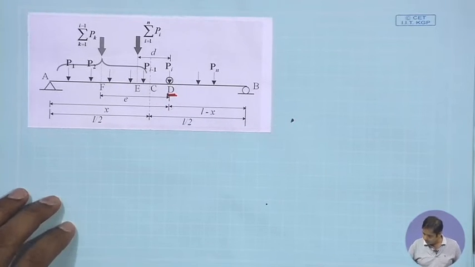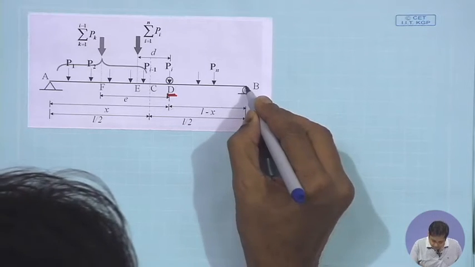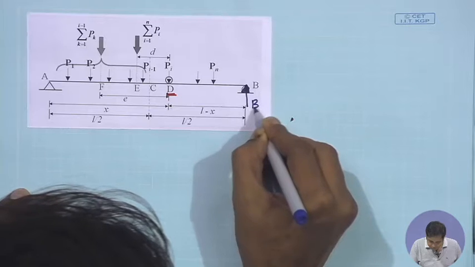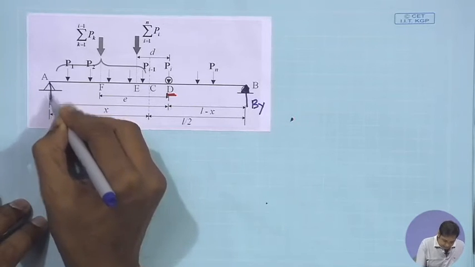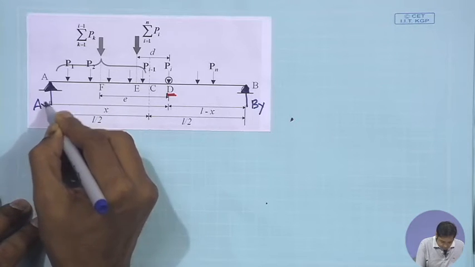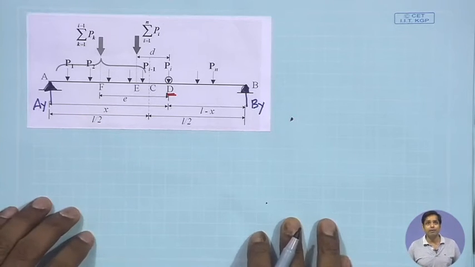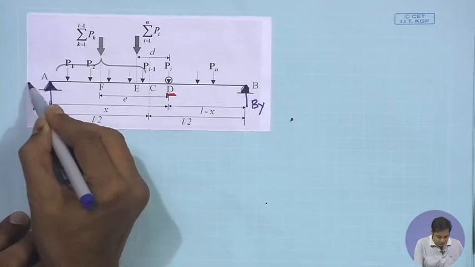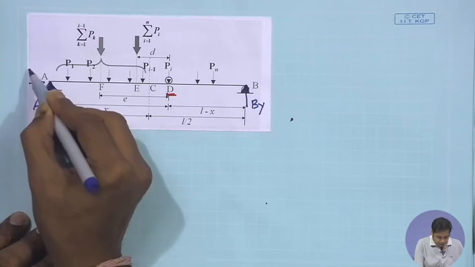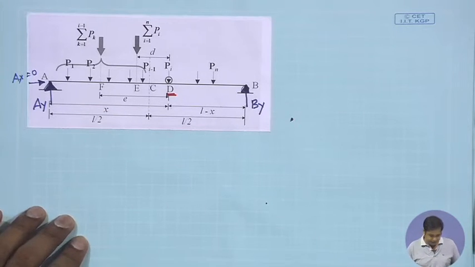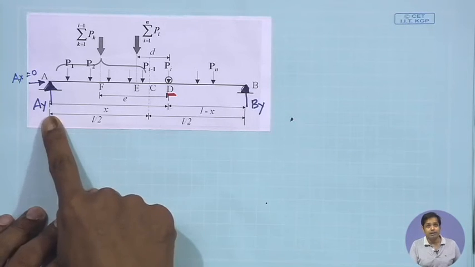This will be By and this will be Ay. There is no horizontal force, so Ax will be 0.